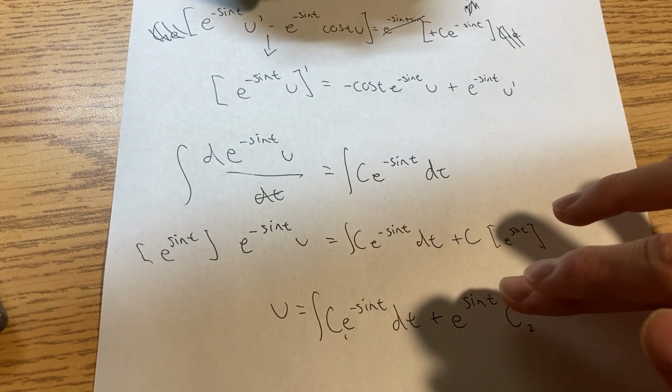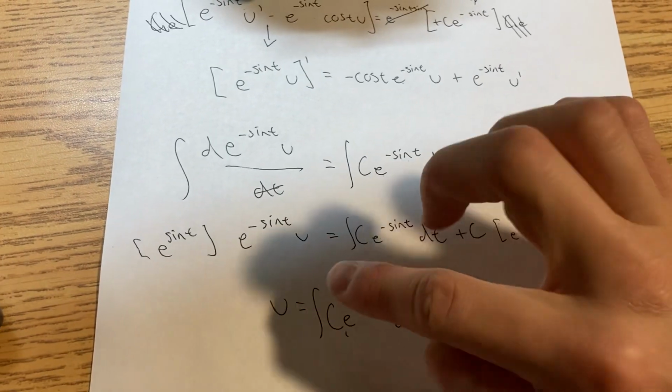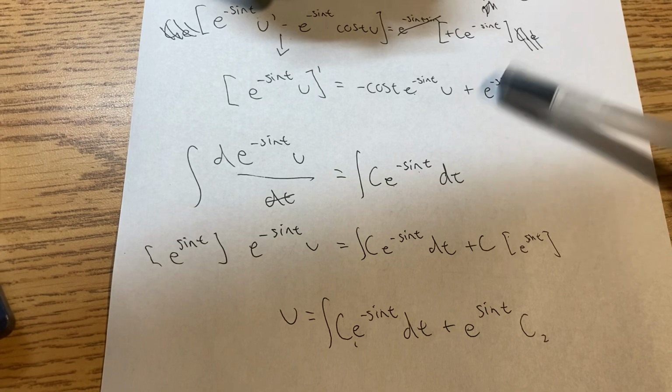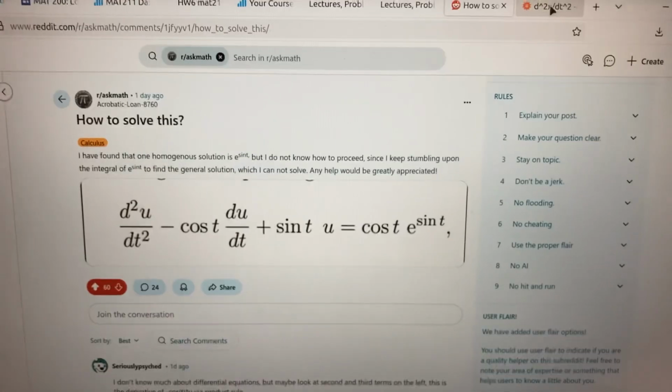And this really can't be solved by elementary functions, because you really can't do the integral of e to the negative sine t unless there's some exotic method, which I just don't know. Anyways, that's basically what Wolfram Alpha says.